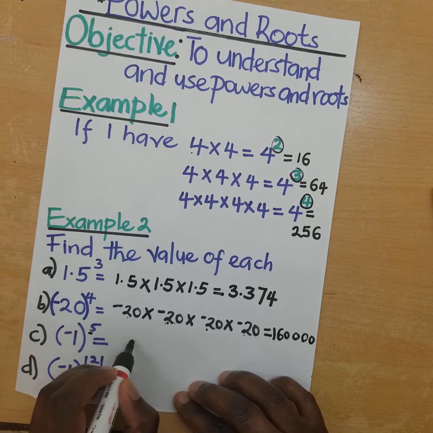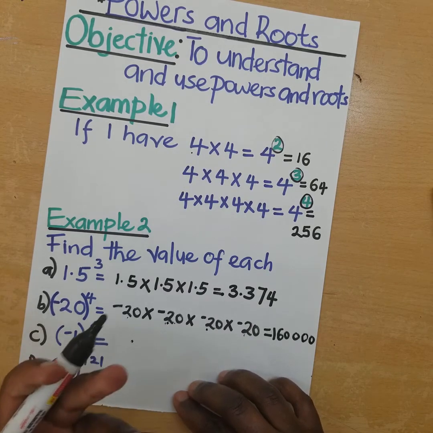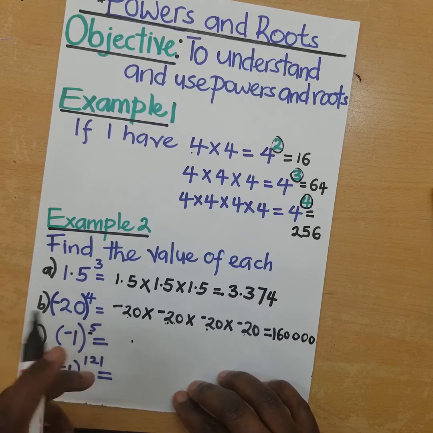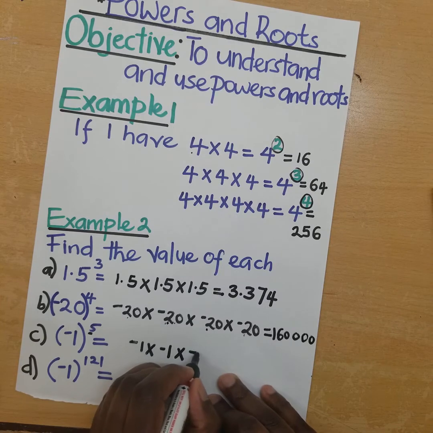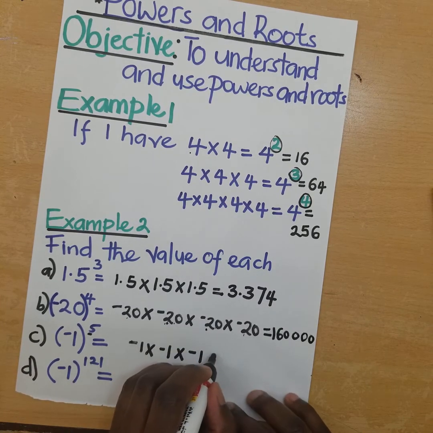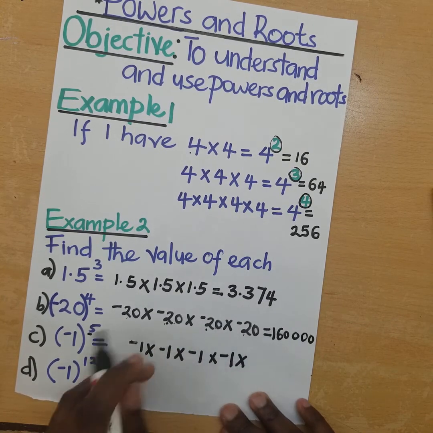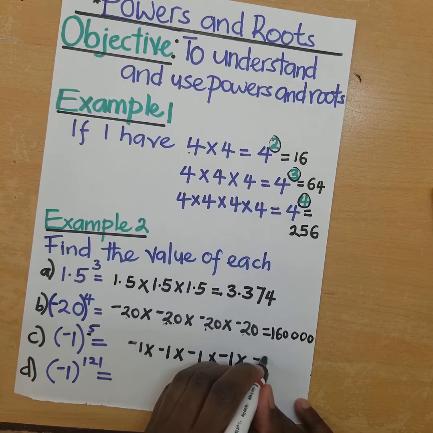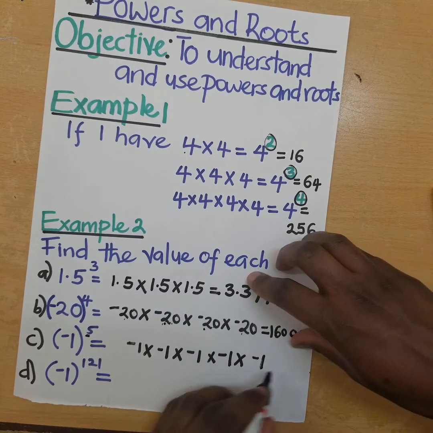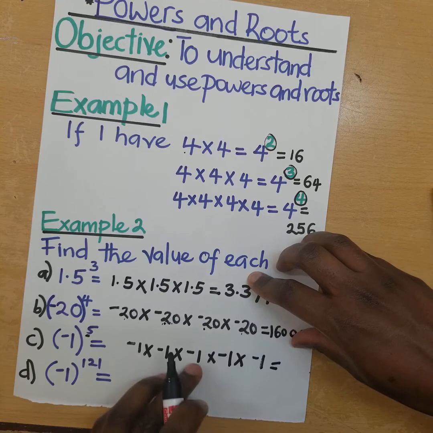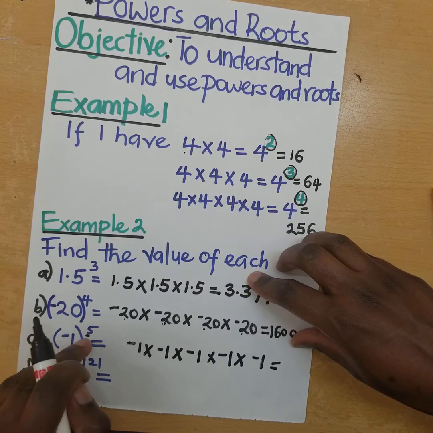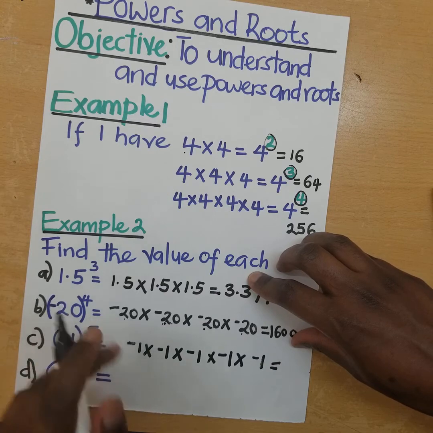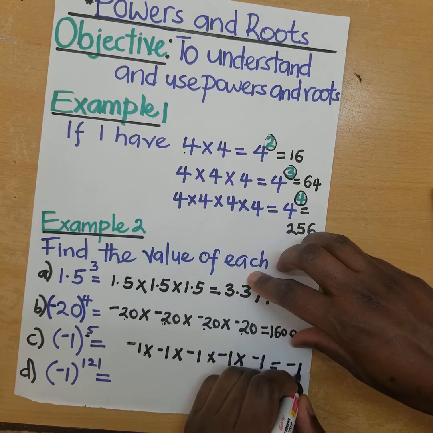It will remain a negative. So because you are multiplying this negative 1 5 times, 1, 2, 3 times negative 1 times 1, 2, 3, 4 times negative 1. The answer will be 1 times 1 times 1 times 1 is 1. But because of the rule that the power is odd, it will be a negative 1.